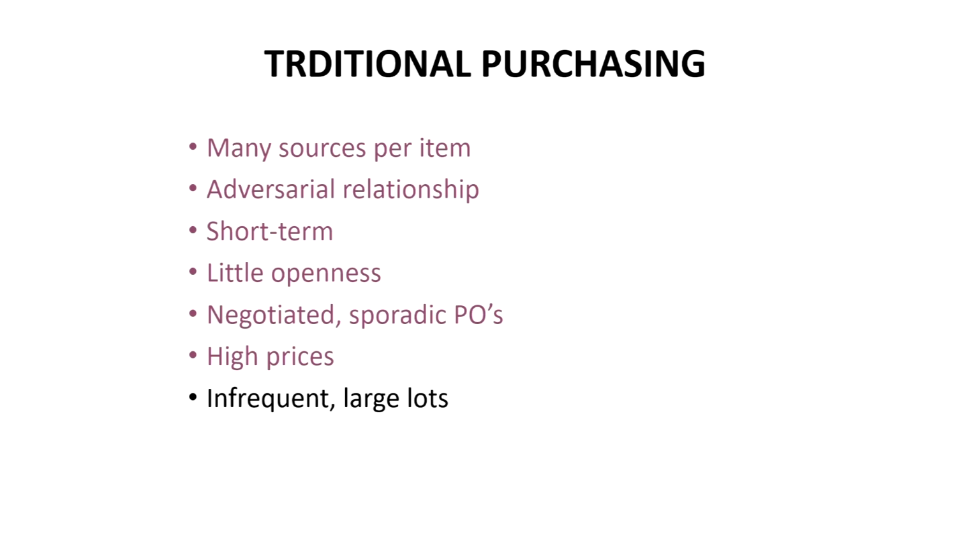Let us see JIT purchasing. In traditional purchasing, we have multiple sources, and we are always bargaining with the suppliers. So, relations are adversarial, that means if one person is winning, another person is losing something, and purchases are short term, transaction to transaction, one consignment to another, and there is no openness.